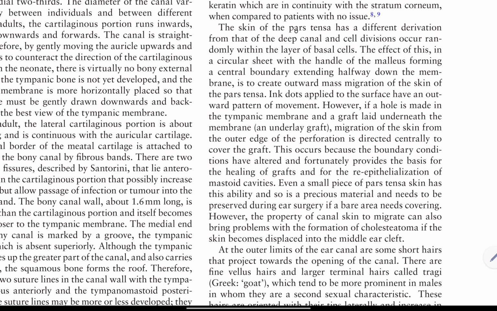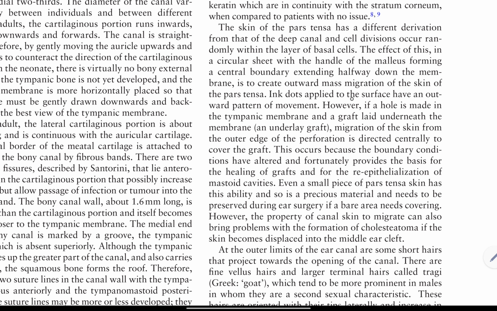The skin of the pars tensa has a different derivation from that of the deep canal, and cell divisions occur randomly within the layers of basal cells. The effect of this in a circular sheet, with the handle of the malleus forming a central boundary extending halfway down the membrane, is to create outward mass migration of the skin of the pars tensa.